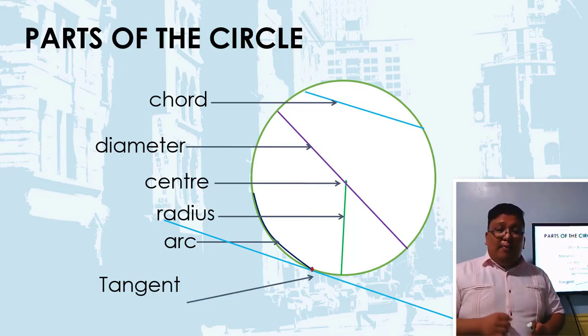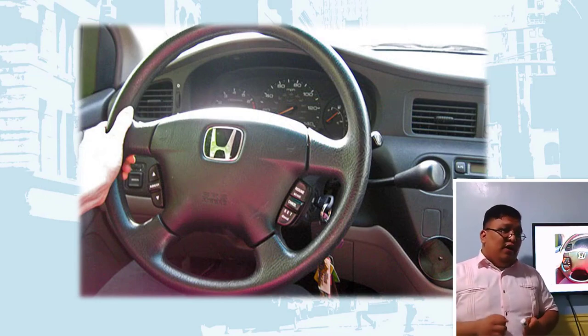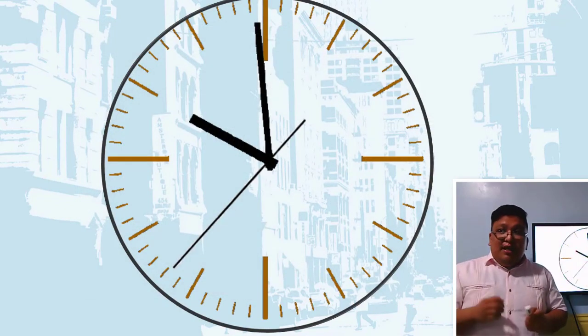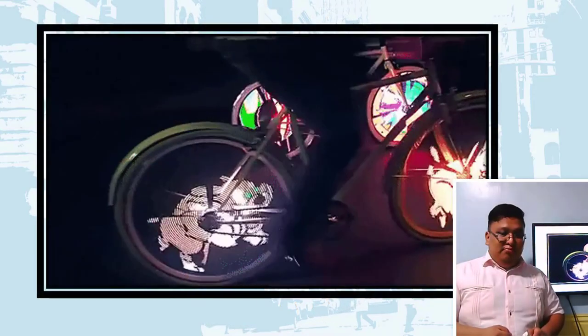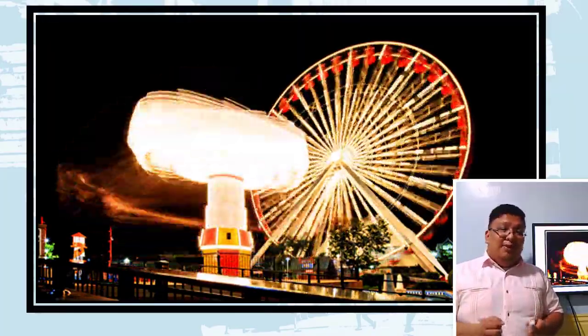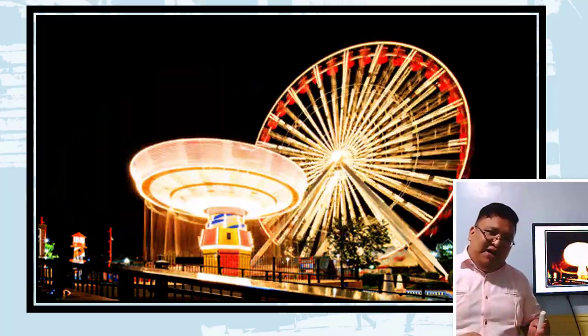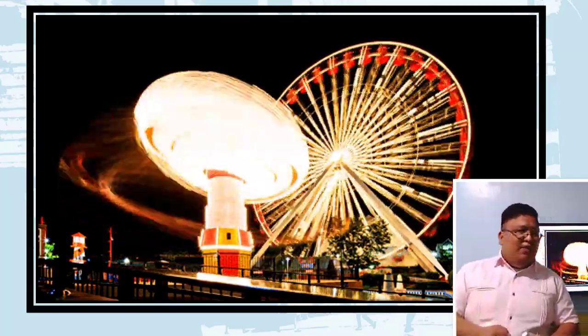And in real-life application, we always see circles, like for example a steering wheel on a car, the clock, the wheels in our bicycles, and of course, the Ferris wheel in an amusement park. We already know that these are applications of circles, but there's one question that we need to answer.